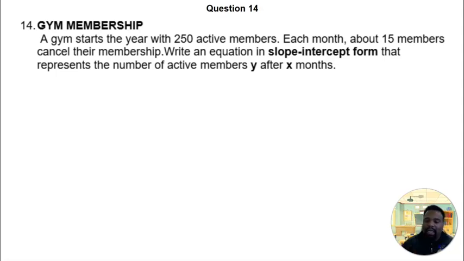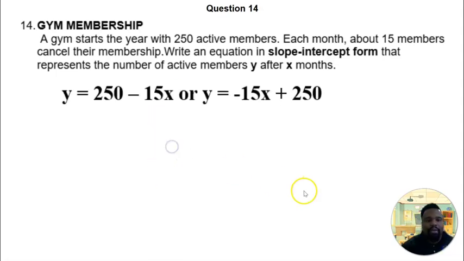Remember, your y-intercept represents your beginning value, which is 250 in this case. Your rate of change is the rate at which it's going to increase or decrease. Each month, 15 members cancel their membership, so 15 members per month. If you're canceling, you're subtracting. So it's going to be y equals 250 minus 15x, or negative 15x plus 250.